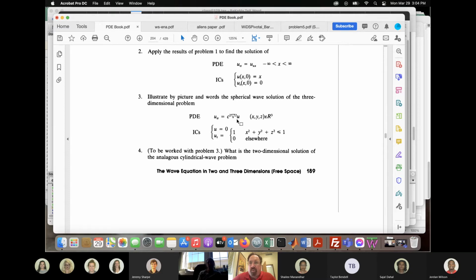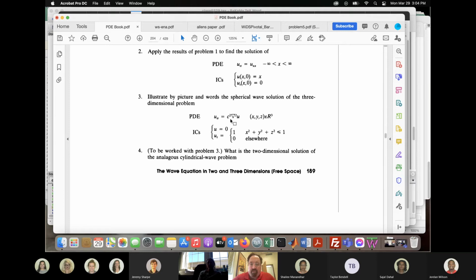And the solution at that point will depend on the interaction of this initial data with a sphere, just the boundary sphere, not the ball inside, that's centered at your point x, y, z, where you're examining a solution, and radius ct.